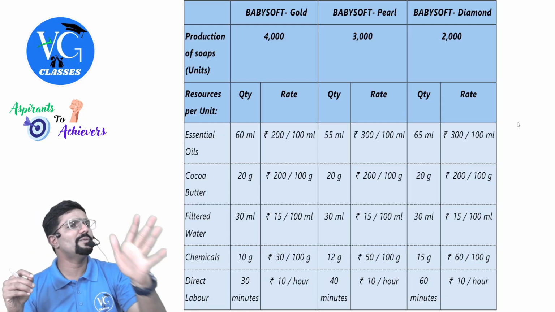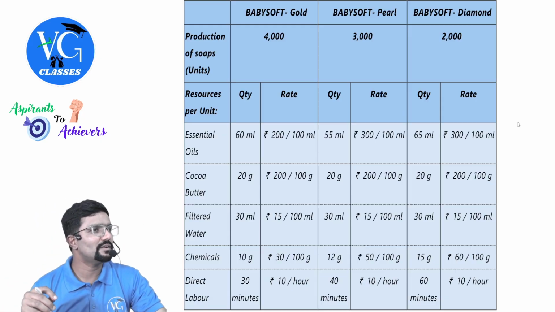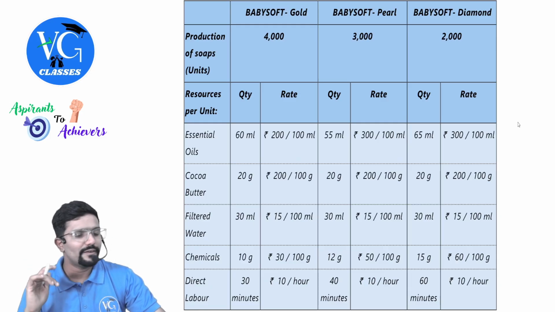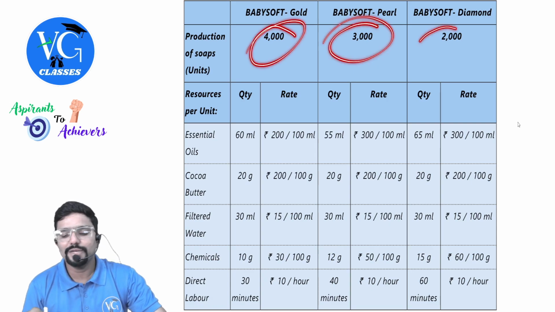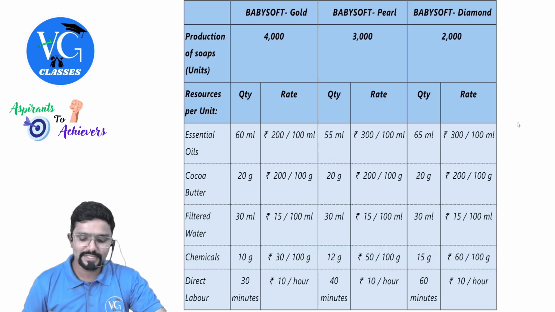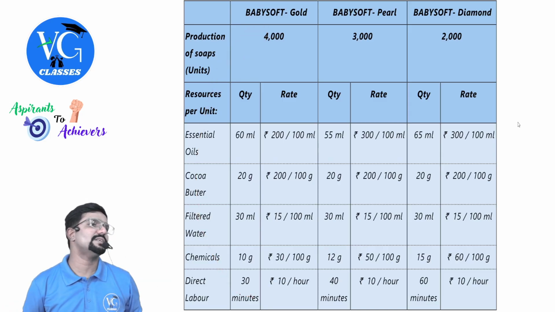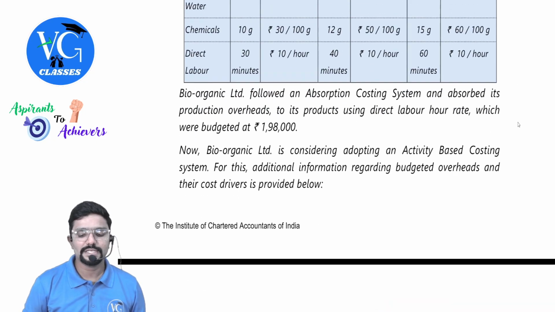How many hours totally? 6,000. Hope you understood. For total number of units, how much labor hours we want? First calculate minutes. How many minutes in an hour? 60. So divided by 60 minutes.